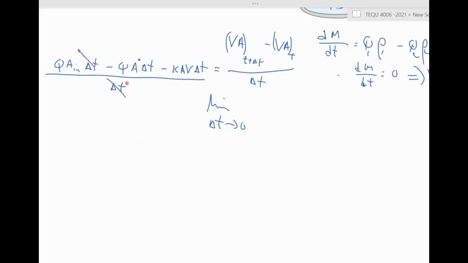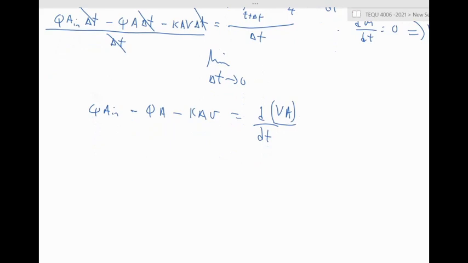The delta T cancels out here, so you end up with Q times A in minus Q times A minus KAV equal d/dt of V times A. Now, the nice thing about this expression is that V is a constant, so I can take that V out. If V were not a constant, this equation would end up looking like this, because you would have to apply a chain rule here.